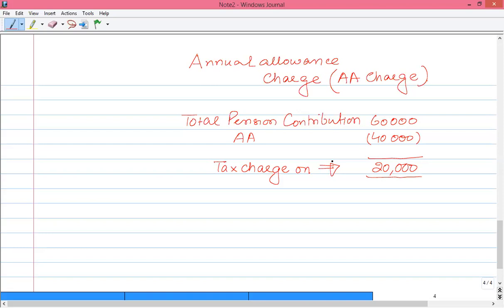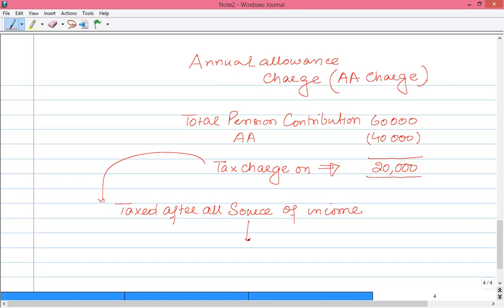Now how will this amount be taxable? This amount is considered to be taxed after all sources of income, that is your savings income, non-savings income, and dividend income.